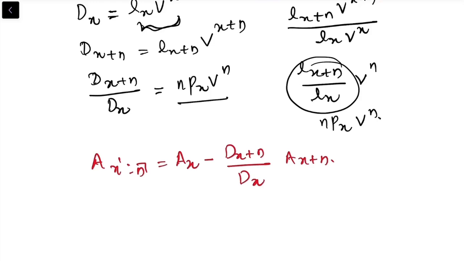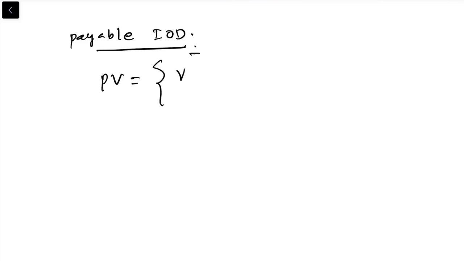Okay, now let's look at death benefit payable immediately on death. For payable immediately on death, the present value will be v^Tx. Now this is just any point, right?